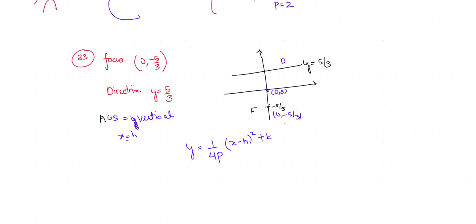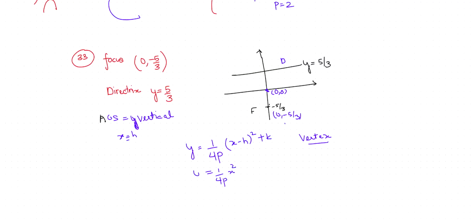So the vertex we got is (0, 0), because the vertex is halfway between the directrix and focus. One is up at 5 by 3 and the focus is below at negative 5 by 3. So now the equation here would be y is equal to 1 over 4p x square.